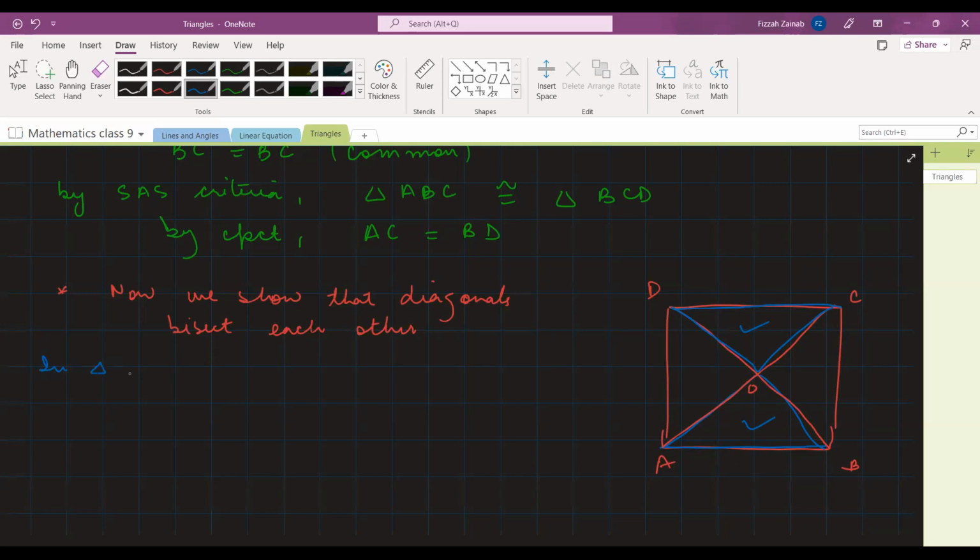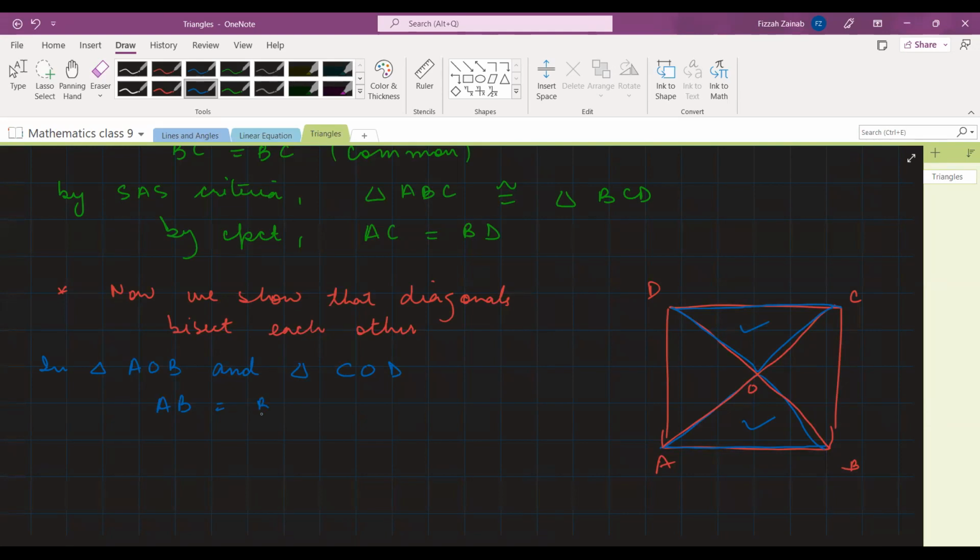So in triangle AOB and triangle COD, I'm taking now. Let us prove them congruent. Who will tell me first thing which I can write? Which side is equal here? Very good.